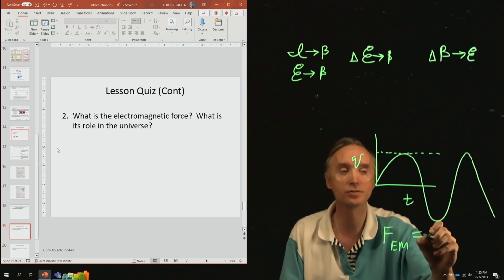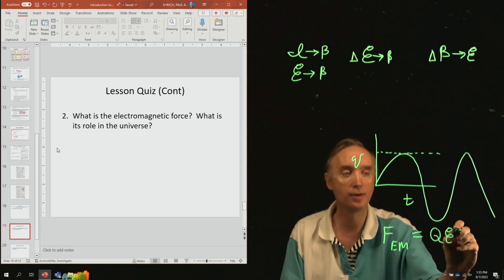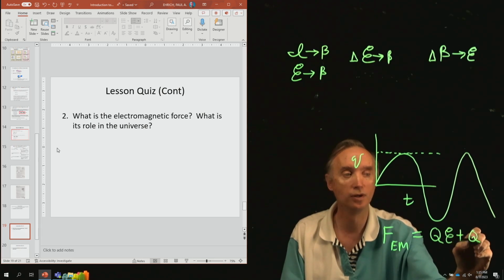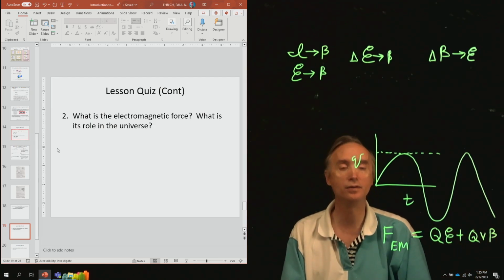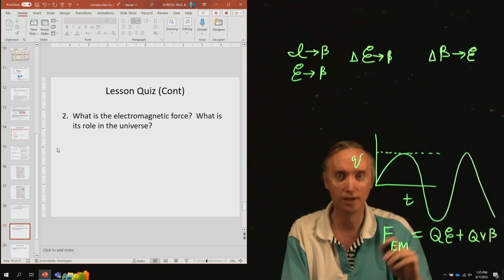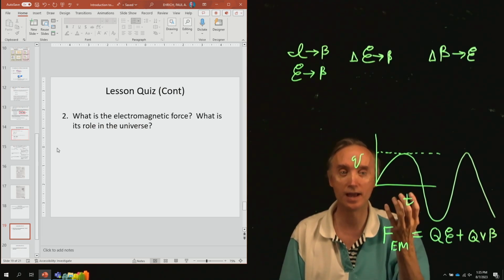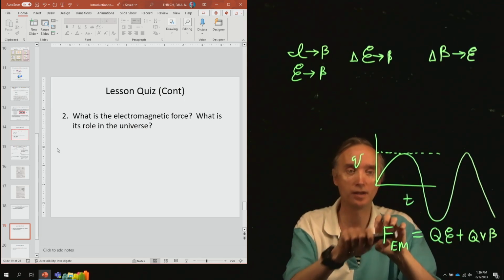The electric force is going to be a charge Q put into an electric field E, and the magnetic force is going to be a charge Q put into a magnetic field, and then we also have to include the speed of the charge. When you take these two forces and put them together, that's the electromagnetic force, and its role is to hold the atom together and then to hold atoms together to make molecules.